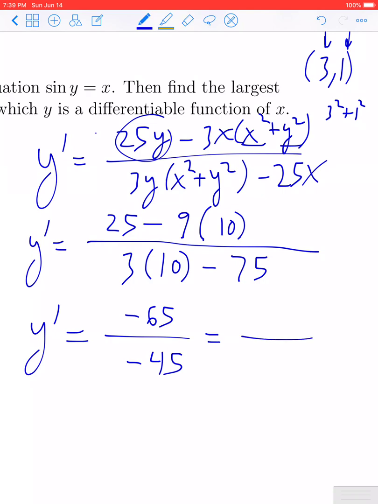First of all, negative divided by negative is a positive. If we divide them both by 5, top and bottom, we're going to get 13 over 9. So the slope of the curve that was implicitly defined at the point 3, 1, it would have a slope of 13 over 9.